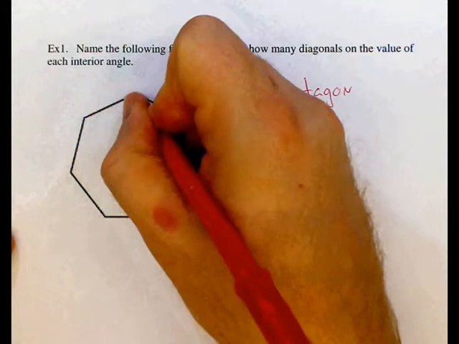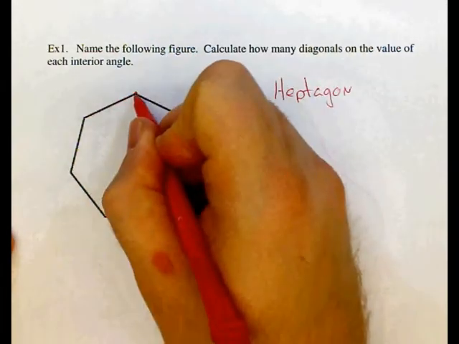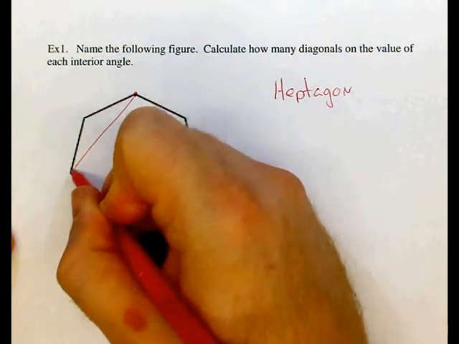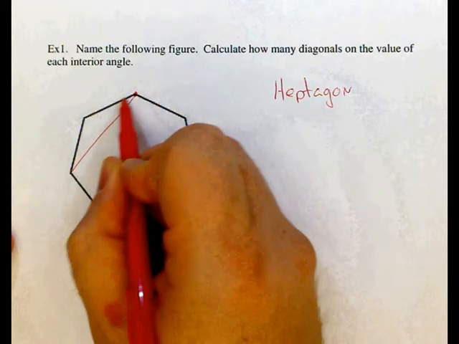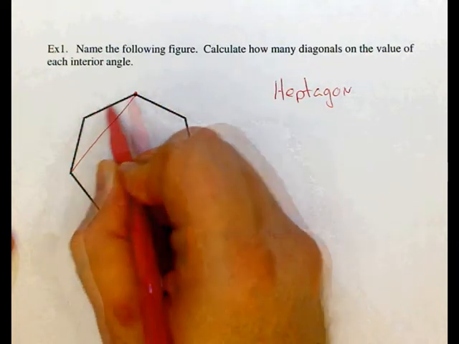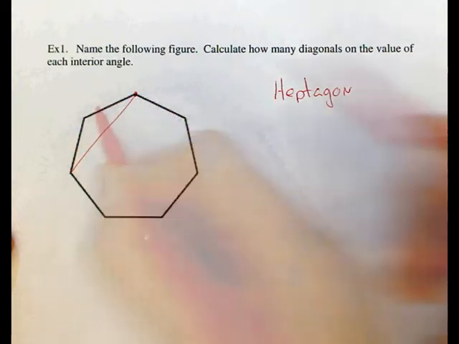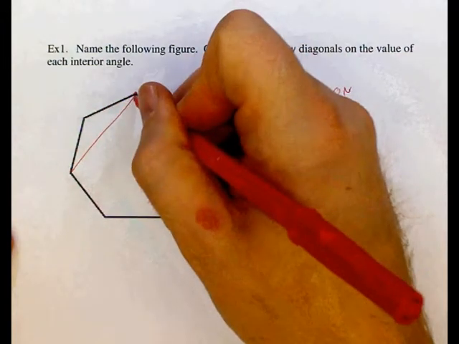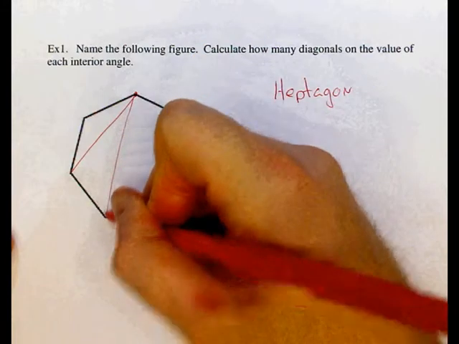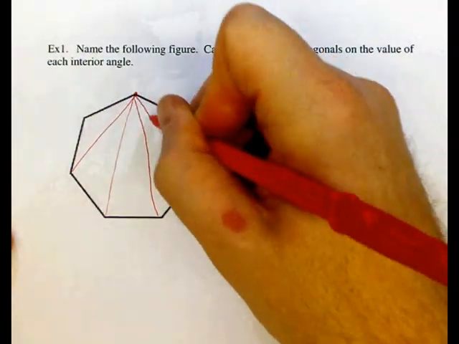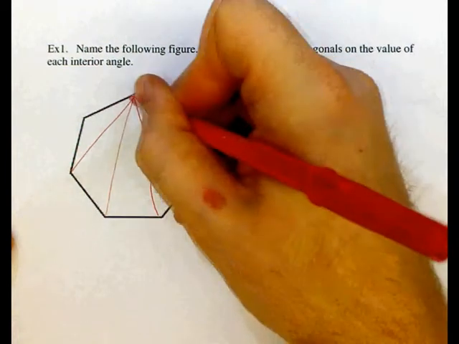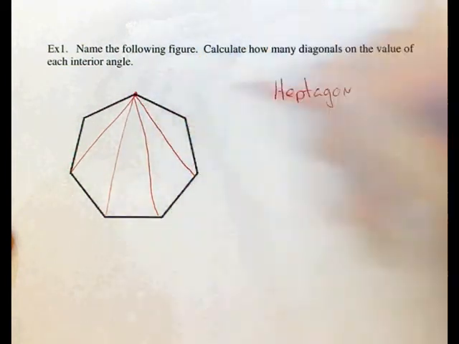So I'll start here. I could not go to this vertex as this is already classified as a side, not a diagonal. So this one would come down to here, come down to here, come down to here, and of course I would stop because I couldn't do this for the side.